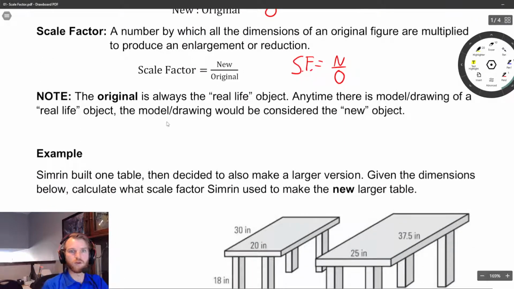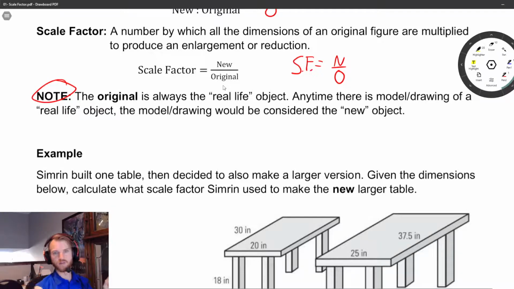So an important note is that the original is always going to be the real life object. What I mean by that is that if there's a situation where you have a blueprint or a model of a real object, the real object, like a building or a train or whatever it is, the real life large scale version of that, that is your original one.